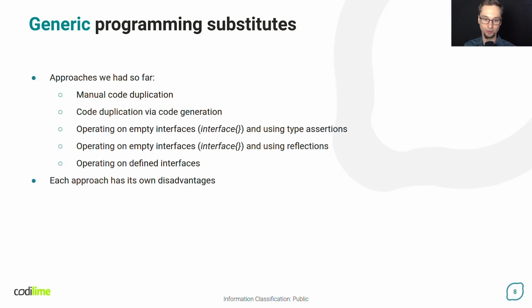I'll show those techniques quickly, and I'll show the disadvantages of those techniques, so that this will give us a clear explanation why the new type parameters mechanism was needed. So let's take a look.